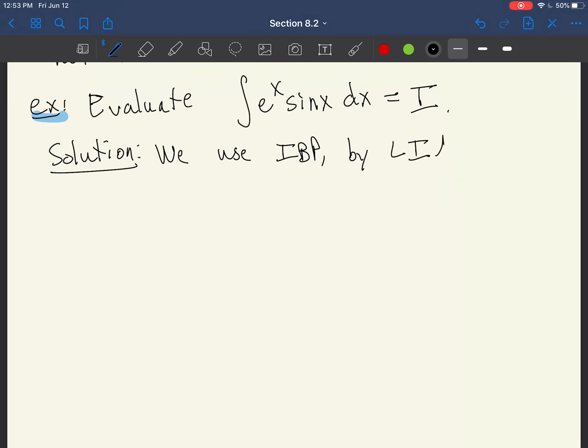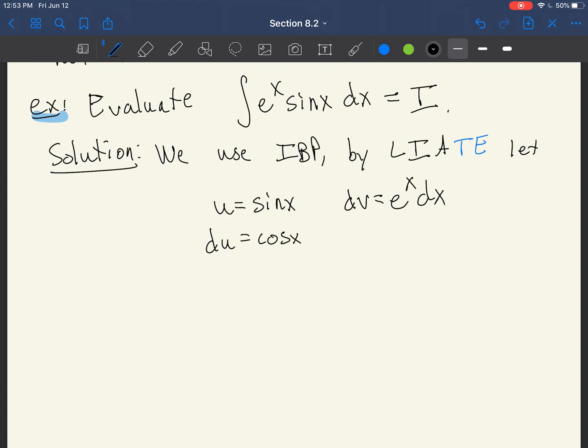By LIATE, we have trigs and we have exponents. So trigs come first, so we're going to let u equal the trig function, sine x, and let dv equal everything else, e to the x dx.